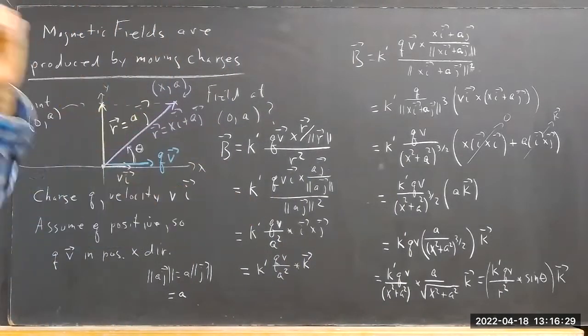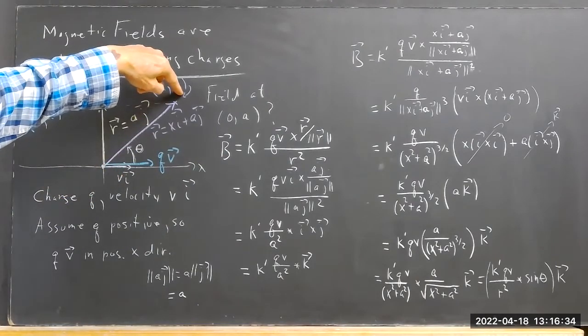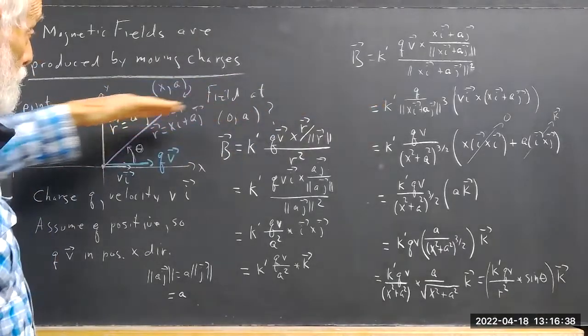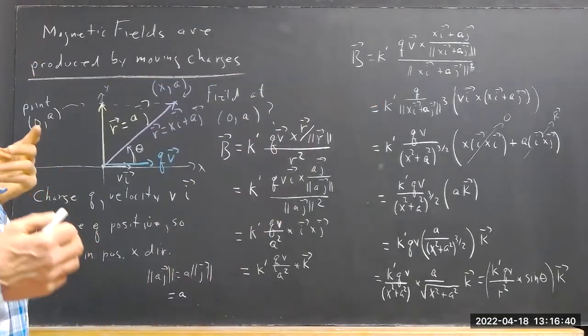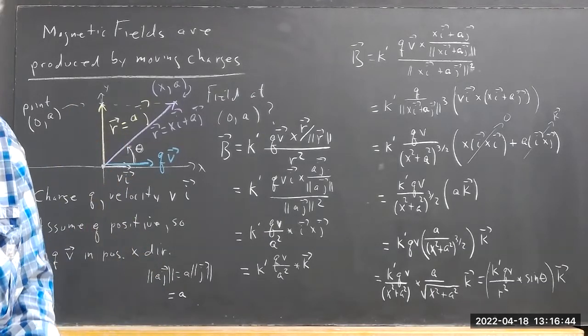This shows you that the magnetic field at points along this line, as you move along here, decreases rapidly.